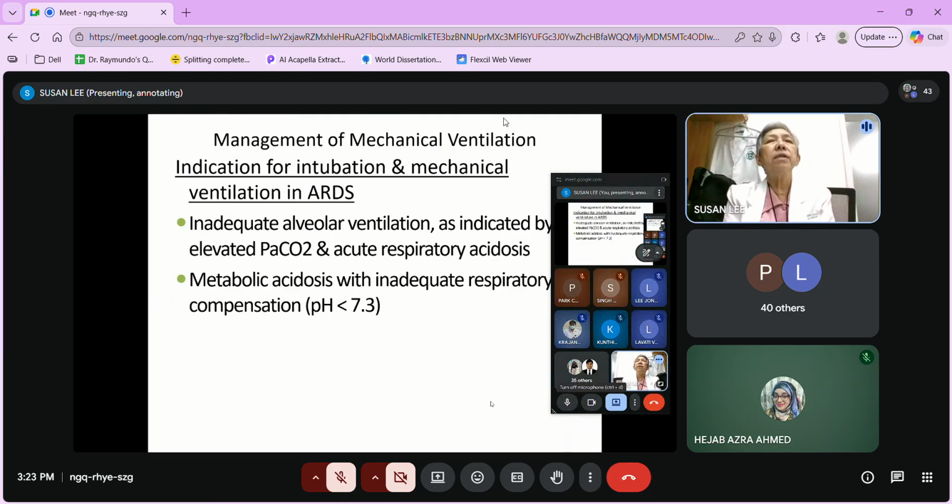Or if the patient is retaining carbon dioxide, or the patient develops metabolic acidosis, that means the patient has inadequate respiratory compensation, and we have to intubate the patient to assist the ventilation of the patient.